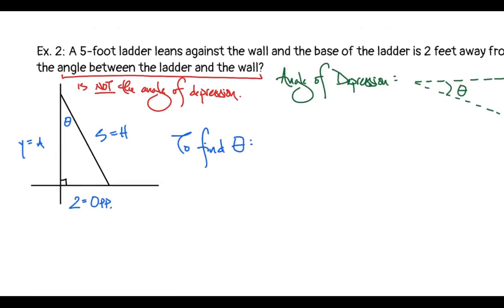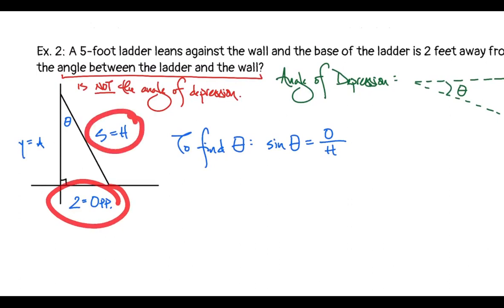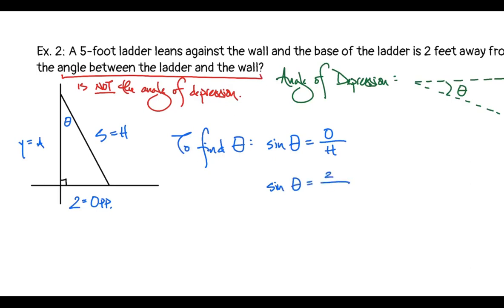Okay. We could even start like this. If you're not really sure yet, we could start with sine of theta equals opposite over hypotenuse. We can start with that because we have a number for the opposite and a number for the hypotenuse. And just like the previous question, we can fill in the numbers we know. If we do, we get sine theta equals 2 over 5.